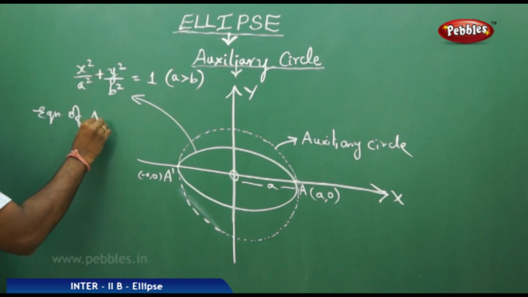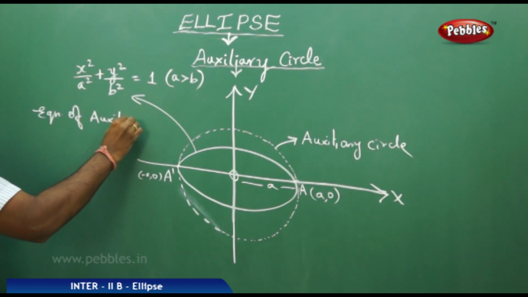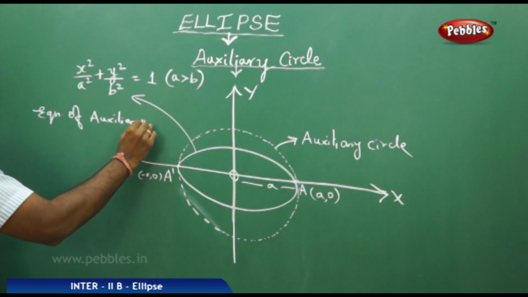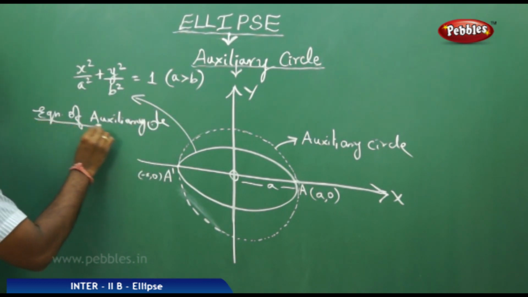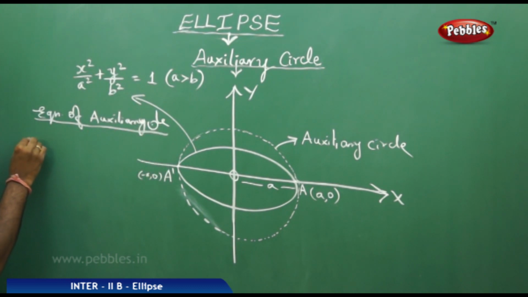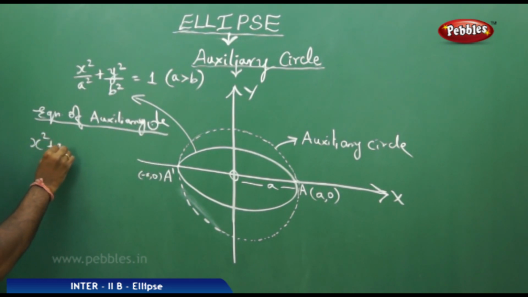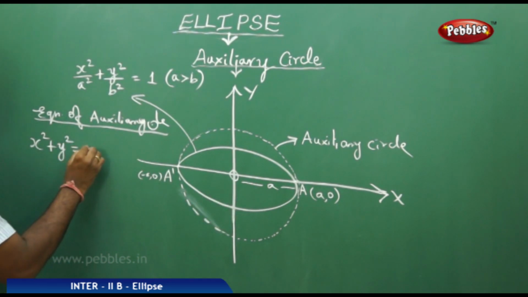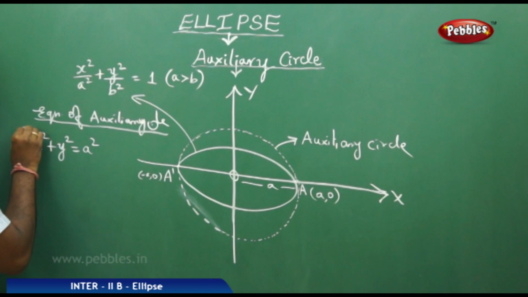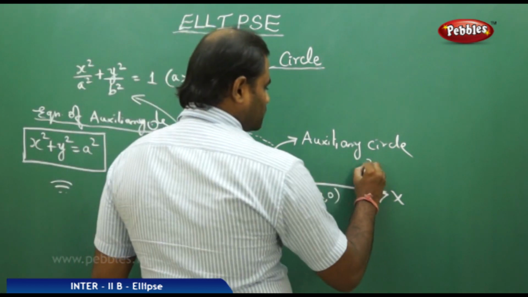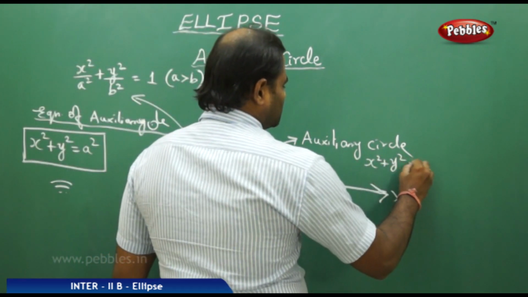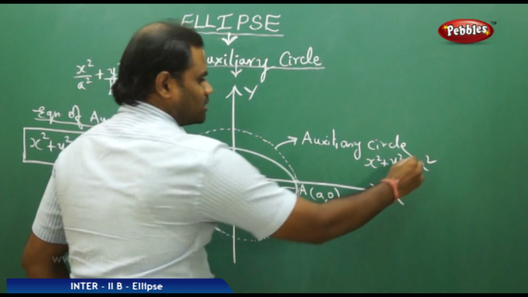Now the radius is a and the circle has center as origin, therefore the equation of auxiliary circle is given by x square plus y square equal to r square, with r being the radius a. That is how we define the equation of auxiliary circle, x square plus y square equal to radius square, that is a square.